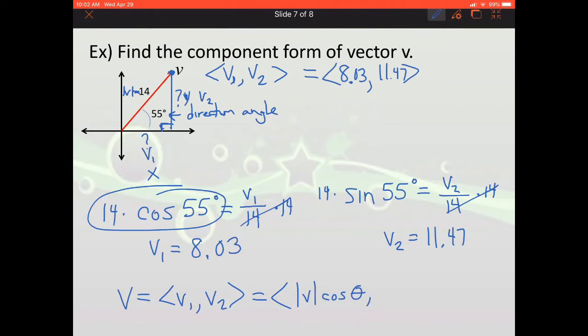And to find v2, we did the magnitude times sine of the angle. You can use that formula if you need to find the component form, but you don't have to. Just using your basic trig knowledge will work just fine.